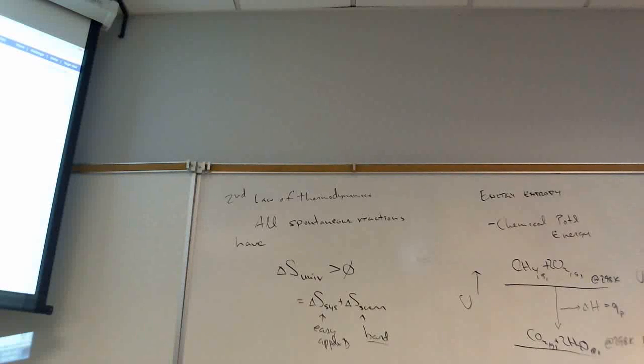Did the kinetic energy change between initial and final states? No. And so the kinetic energy is the same, so there's no change in kinetic energy. The change was all in potential energy. And so delta U is just equal to delta PE. Delta EK is 0.